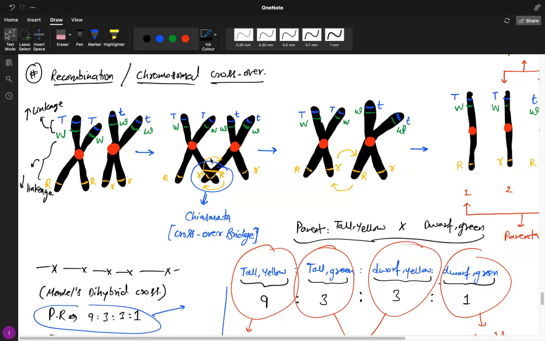That's how. It's not a fictional crossing over or exchange of material. It is happening in reality. It's exactly like how you cut and graft plants, right? You must have studied that in vegetative reproduction.